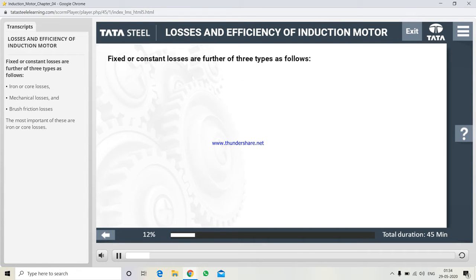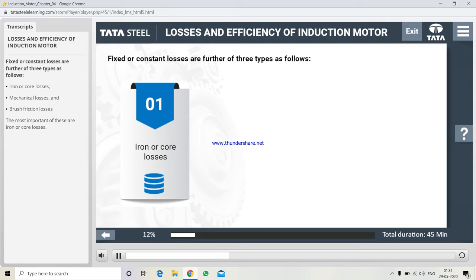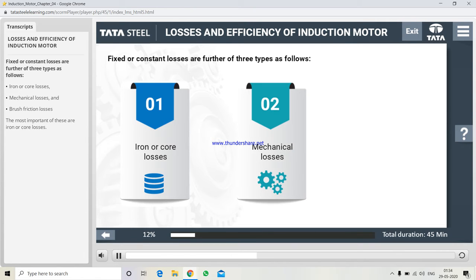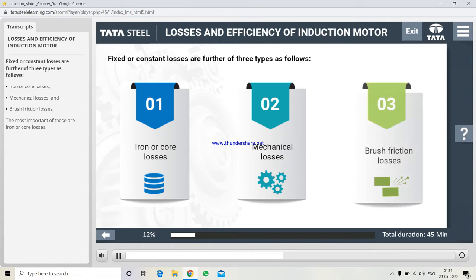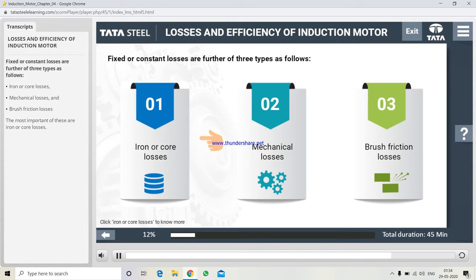Fixed or constant losses are further of three types as follows. 1. Iron or core losses. 2. Mechanical losses. And 3. Brush friction losses. The most important of these are iron or core losses. Click iron or core losses to know more.